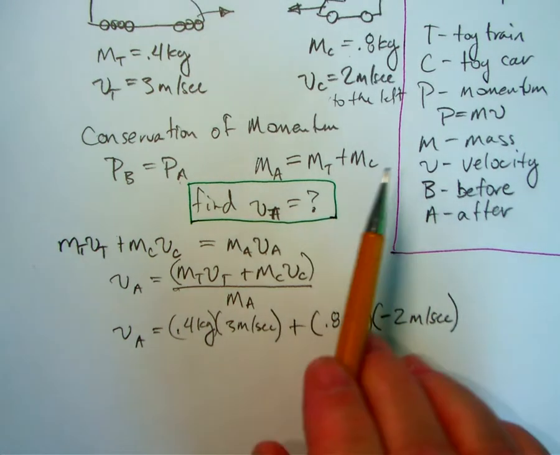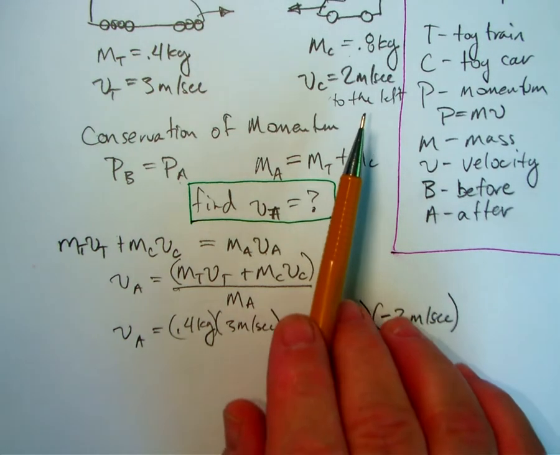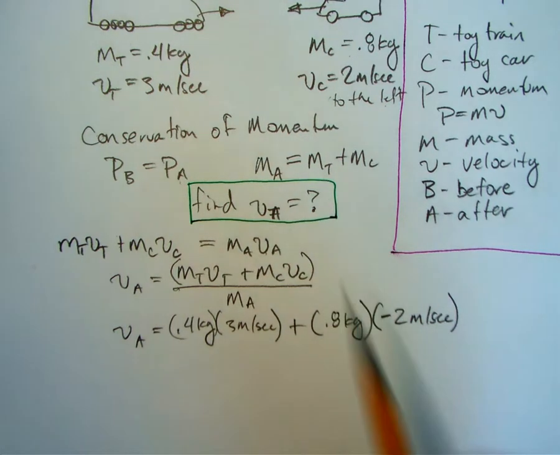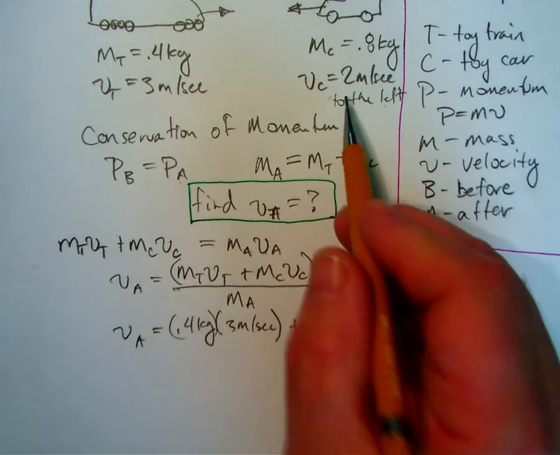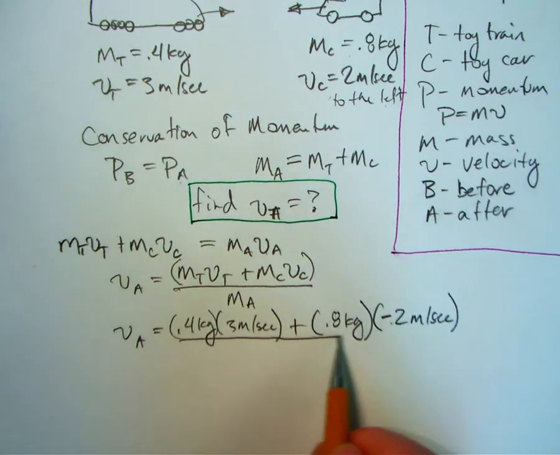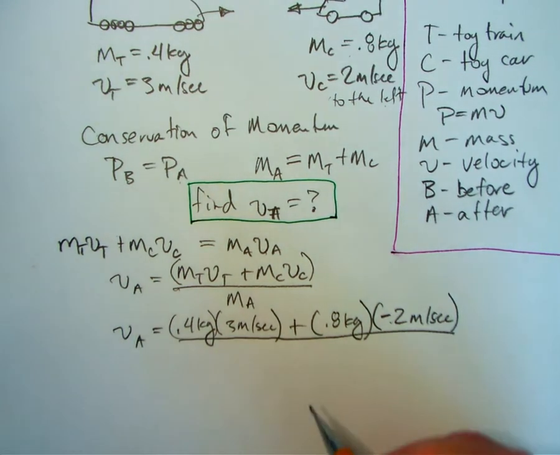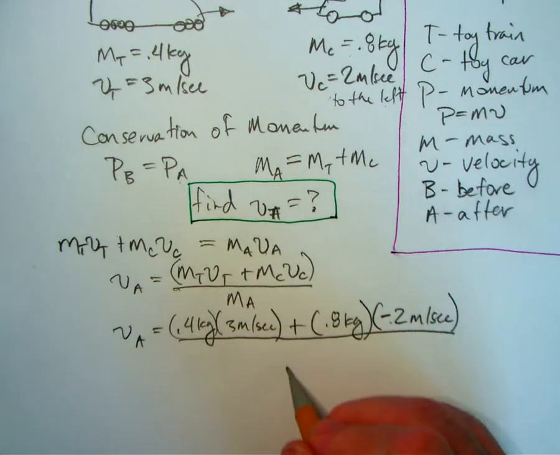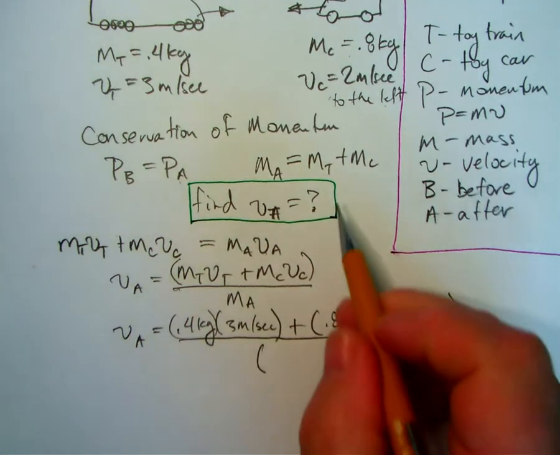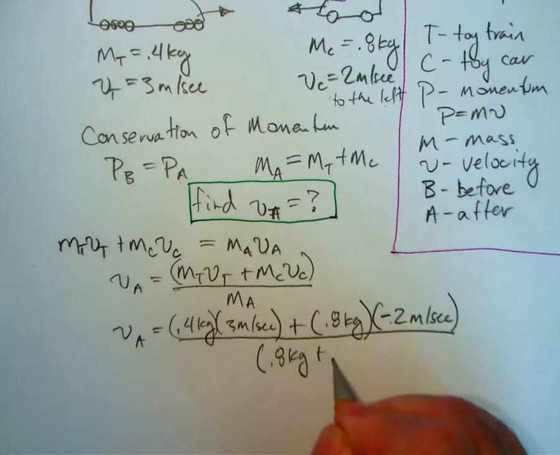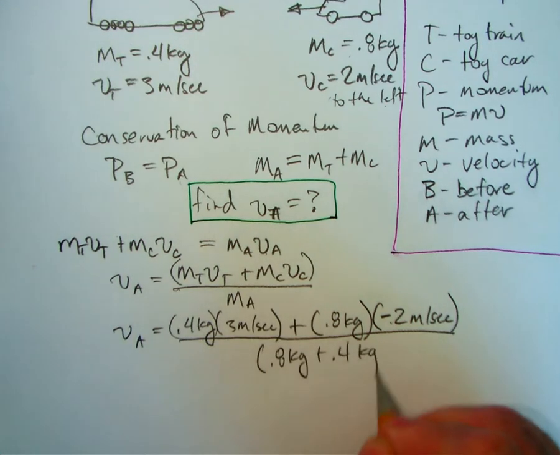Now, you might say, oh, you forgot your sign up here. I wrote to the left, see? You can handle that either way, just as long as you're handling it there, and it's clear all the way through, and it's a negative there. And I'm going to divide by the mass after. What's the mass after? Mass of the car, 0.8 kilograms, plus 0.4 kilograms.